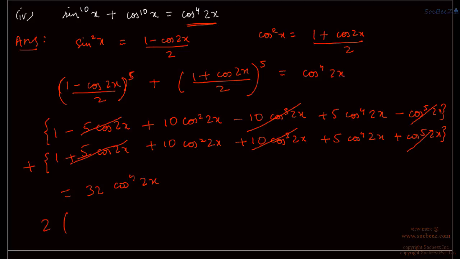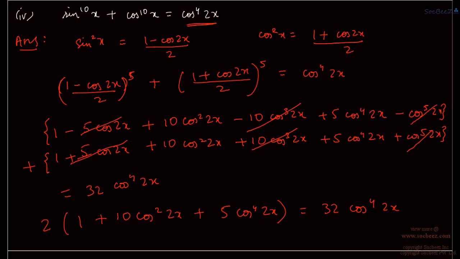So you have 2 into 1 plus 10 cos square 2x plus 5 cos power 4 2x equal to 32 cos power 4 2x. You can just take 2 common from both, and you have 1 on the left hand side, 16 on the right hand side. So you have 1 plus 10 cos square 2x plus 5 cos power 4 2x equal to 16 cos power 4 2x.